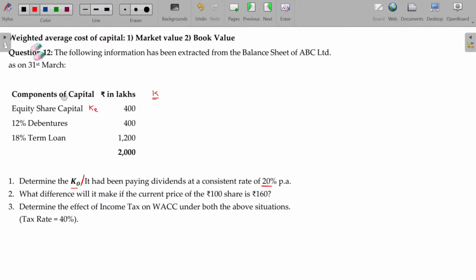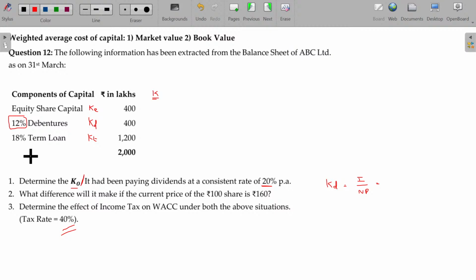Cost of debt, cost of term loan. The cost for the debentures, the applicable tax rate being 40%. So KD in this case is equal to interest by net proceeds. Nothing stated, so we assume the value remains the same.